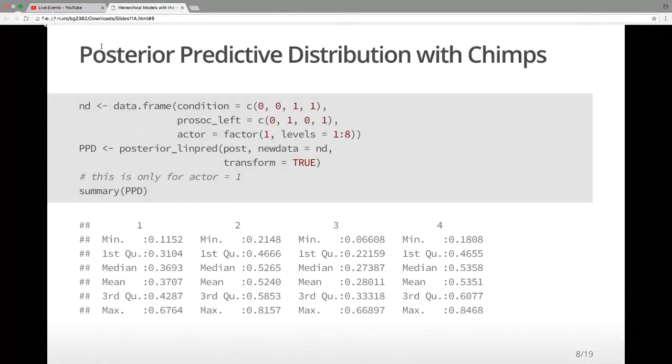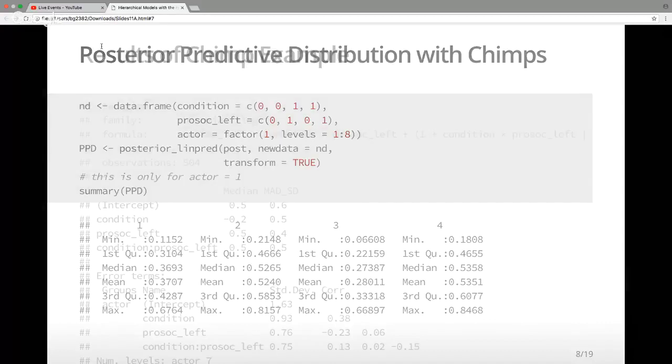You can do posterior prediction. Here we're just doing it for the first chimp. We can specify the exhaustive ways in which condition can either be yes or no, and the food can either be on the left or on the right. We can get posterior probabilities as to whether that chimpanzee will pull the one on the left, and we can see how this varies depending on what the condition is.